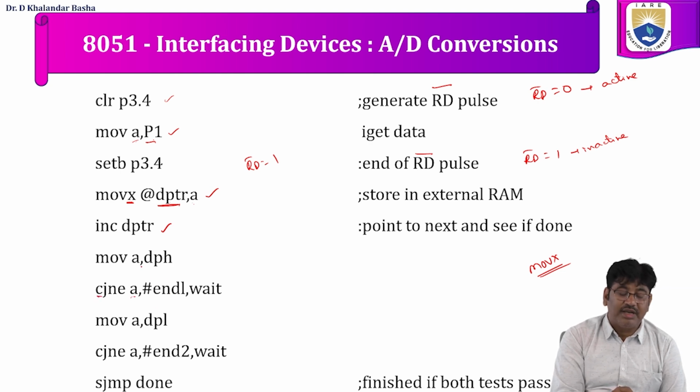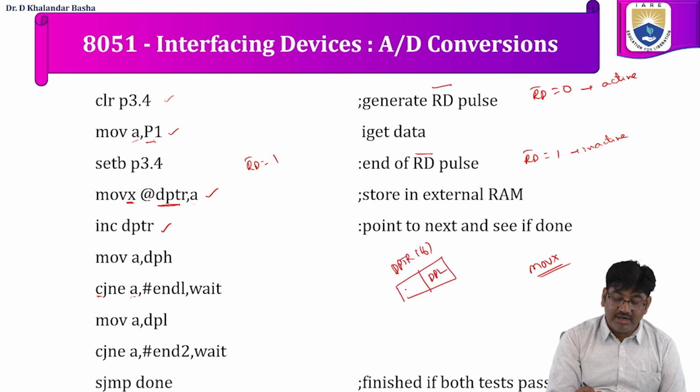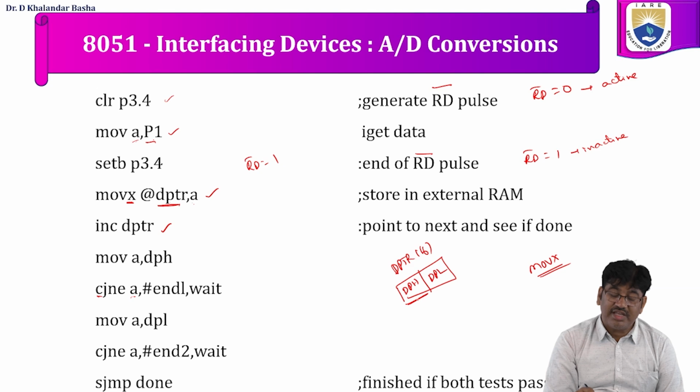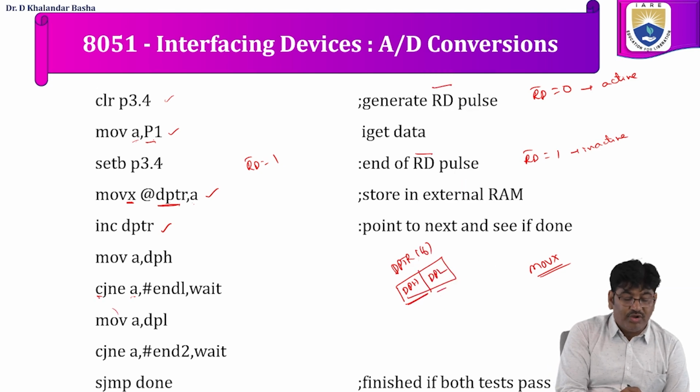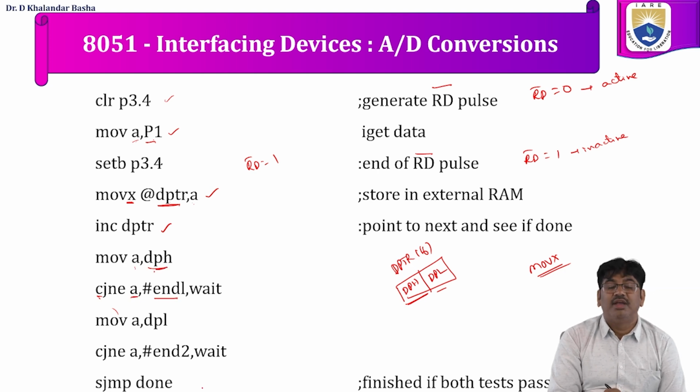What are we comparing? The DPH value, because the DPTR is a 16-bit register, out of which the lower byte is in DPL and the higher byte is in DPH. First we check whether the higher byte is reached or not. Once the higher byte is reached, we go for checking the lower byte. So the DPH value which was stored in the accumulator is compared with END1, the higher byte.